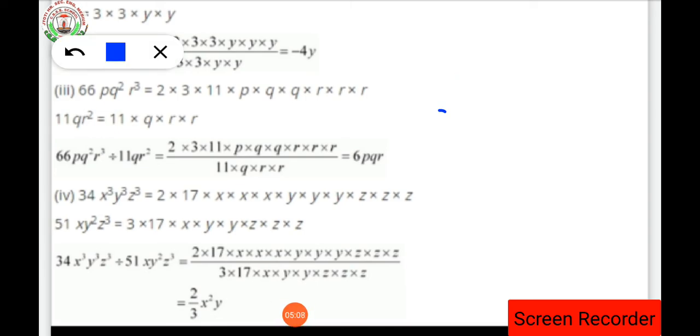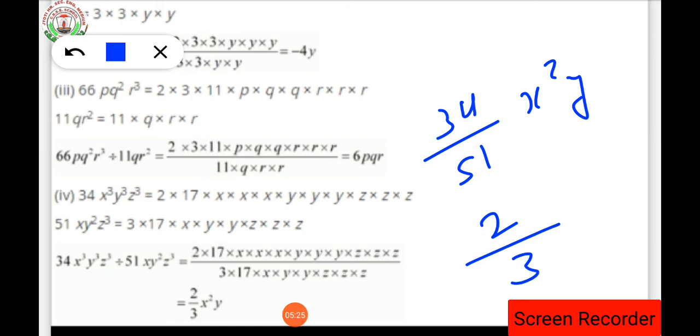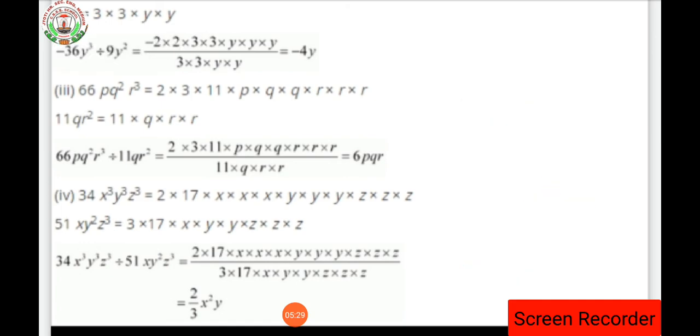That is 34 upon 51 and x square y. So cancel the number. What you will get is 2 by 3 x square y. So this is the answer. So in this way you have to do the solution.